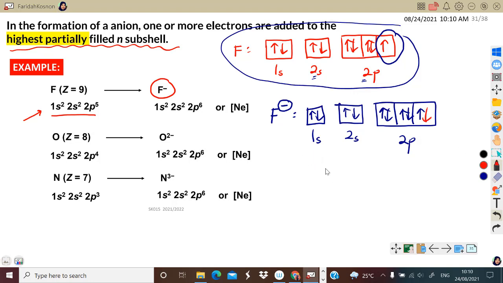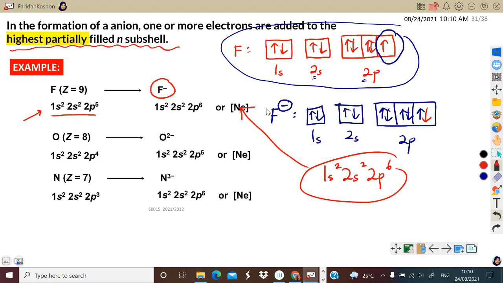Jadi electronic configurationnya akan jadi 1s2, 2s2, 2p6, which is similar with neon. Tadi saya dah tunjuk. Sama electronic configurationnya dengan neon atom, which is a noble gas. Okay? Jadi untuk contoh lain pun sama. So boleh tengoklah contoh-contoh yang ini.